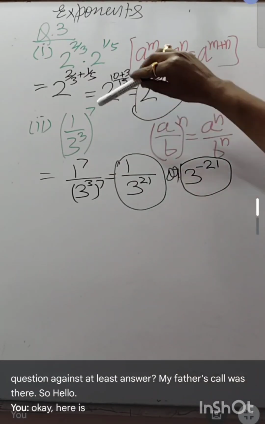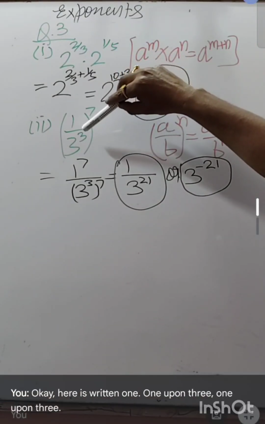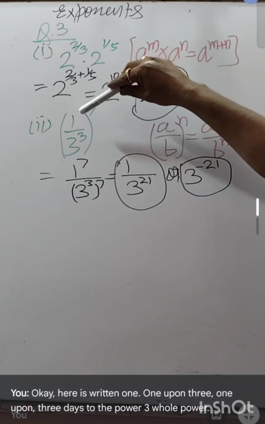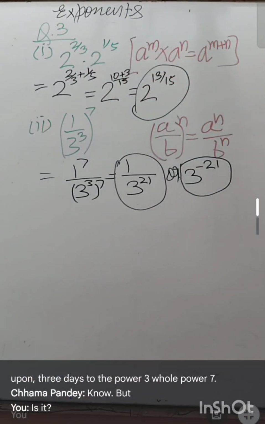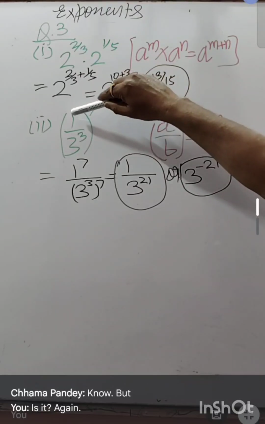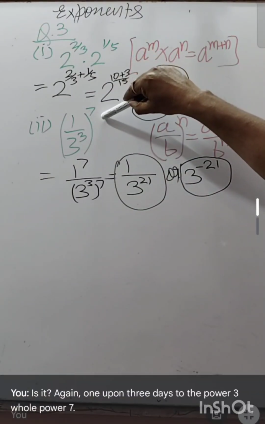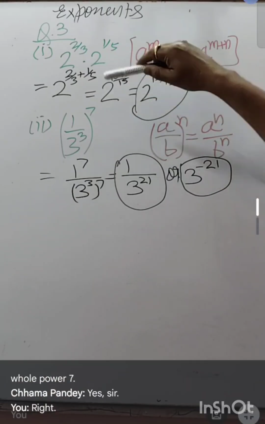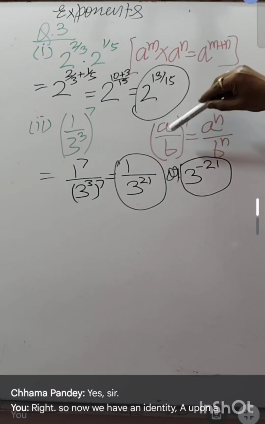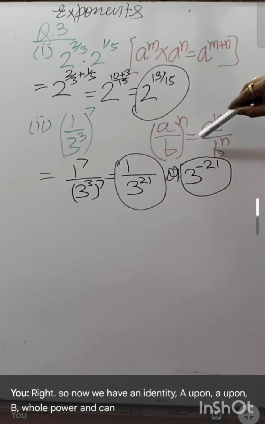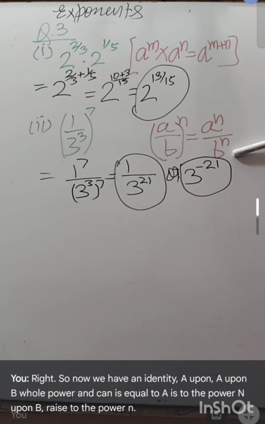Here is written 1 upon 3 raised to the power 3 whole power 7. Now we have the identity a upon b whole power n is equal to a raised to the power n upon b raised to the power n.